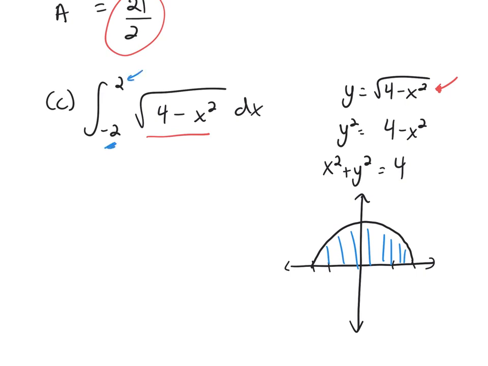And so it's half of the area of a circle, so it's 1/2 times the area of this circle, which would be pi r squared. So it'll be pi times 2 squared, or 2 pi. So that's the area of the shaded region.